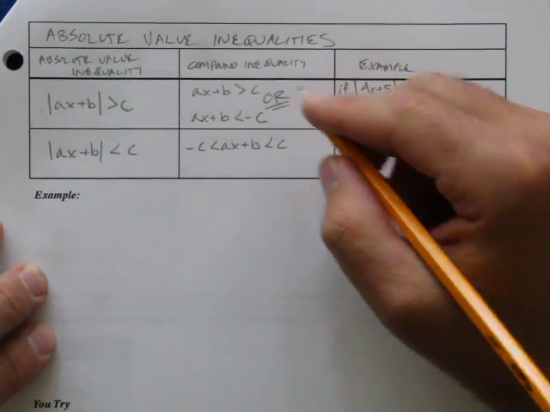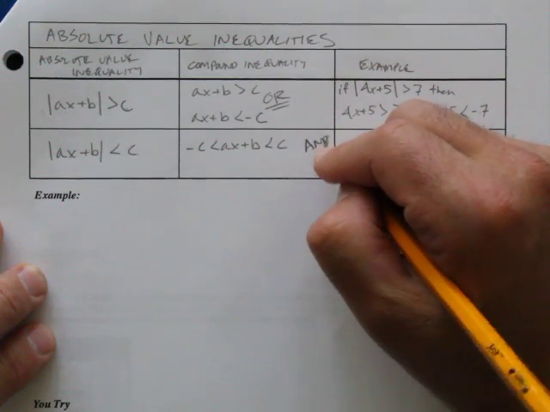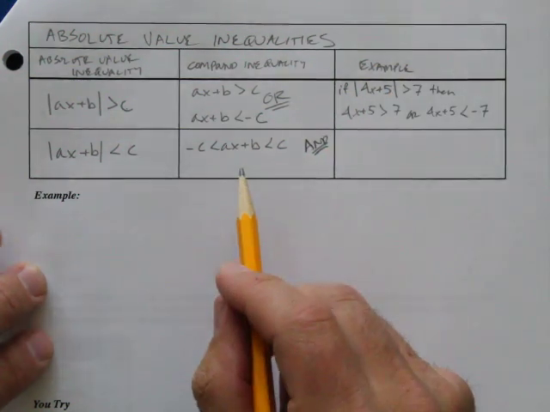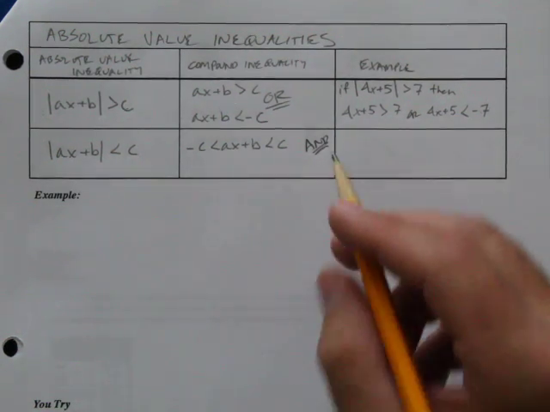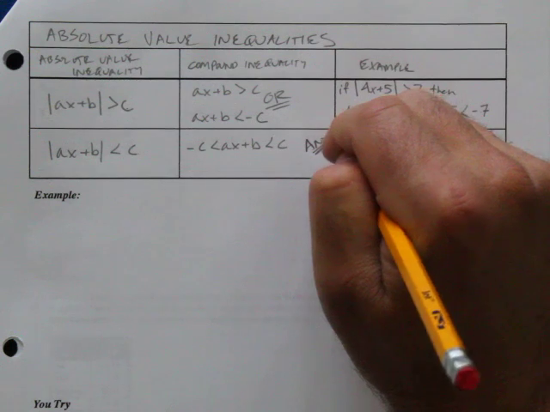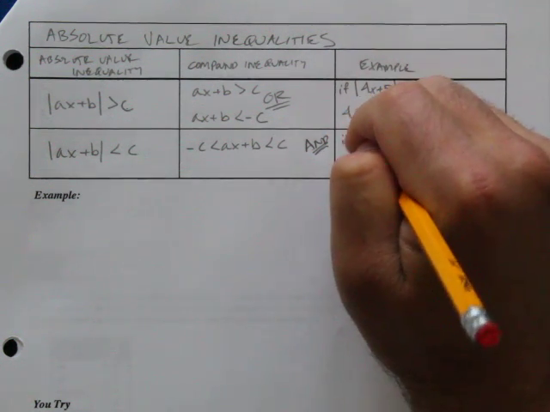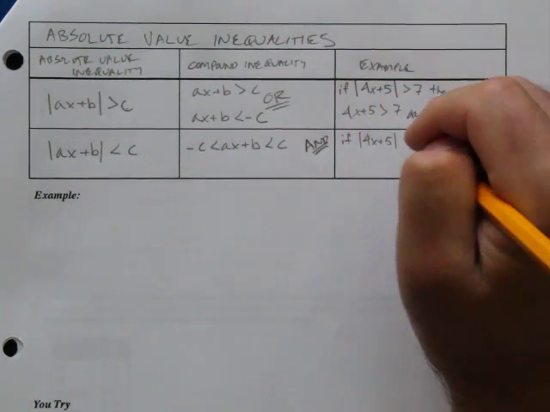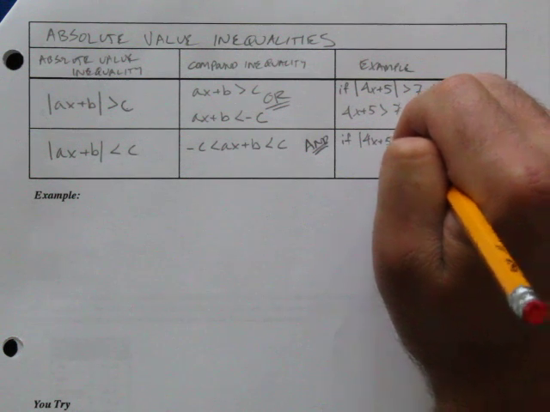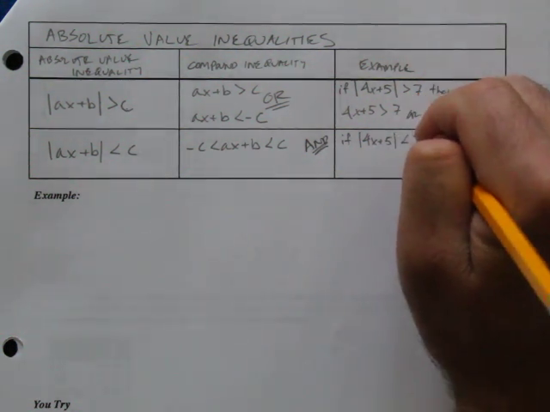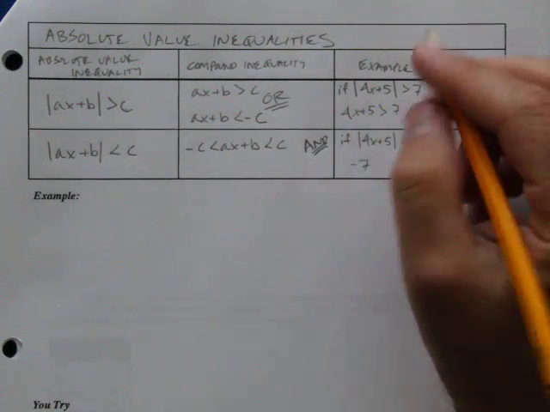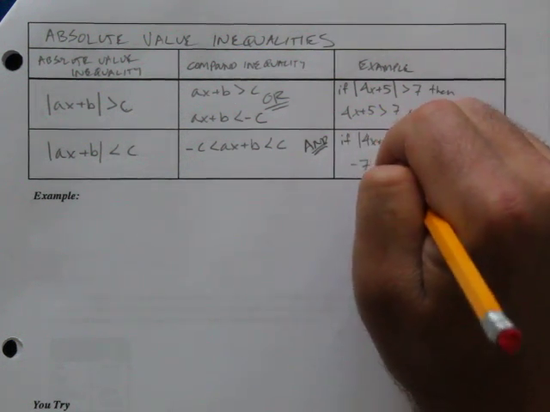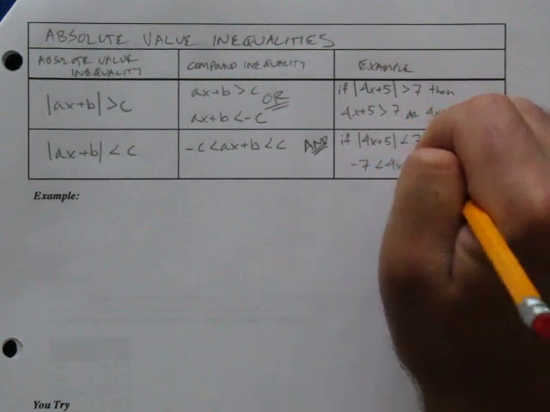So I have an and statement here. Now, if the absolute value of 4x plus 5 is less than 7, then negative 7 is less than 4x plus 5 is less than 7.